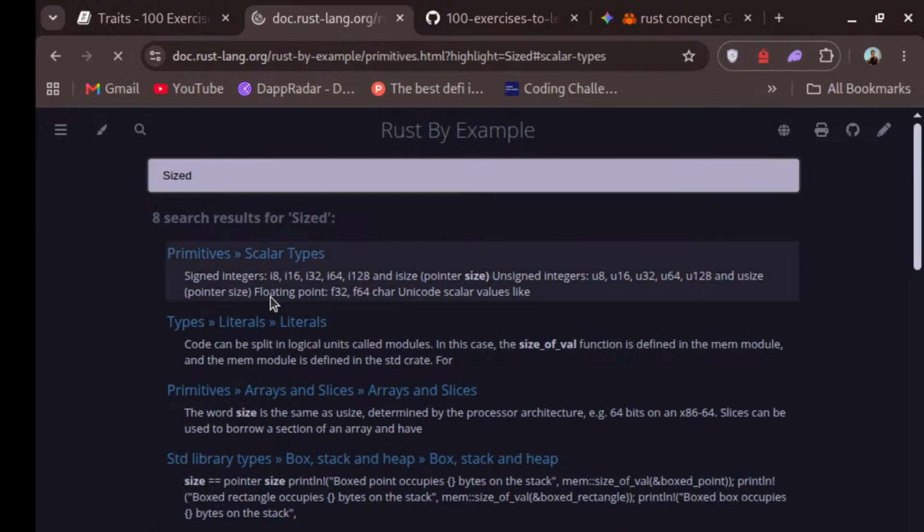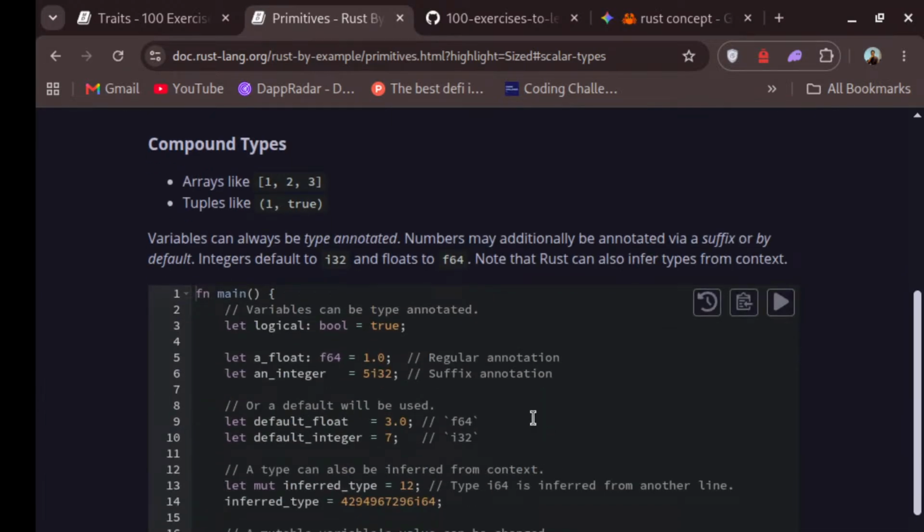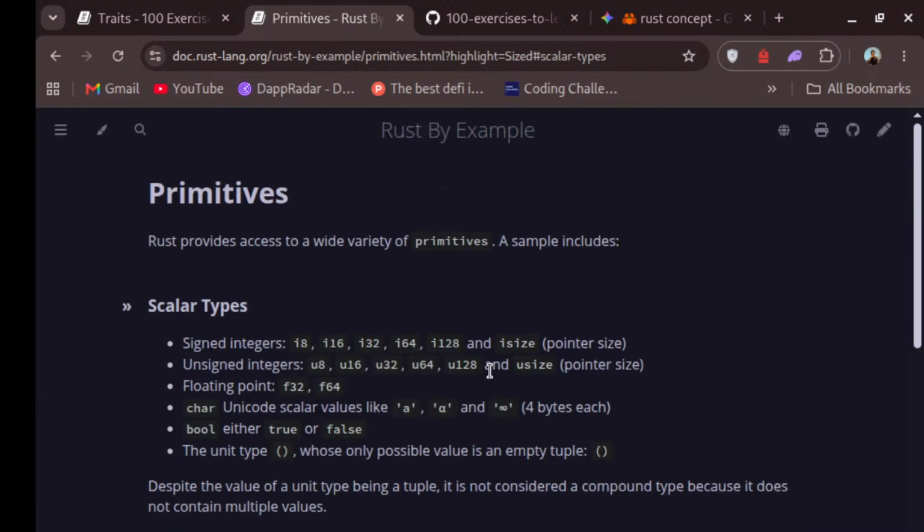In a method I use a primitive, sorry, why this. Okay, in sized and unsized, scalar types.